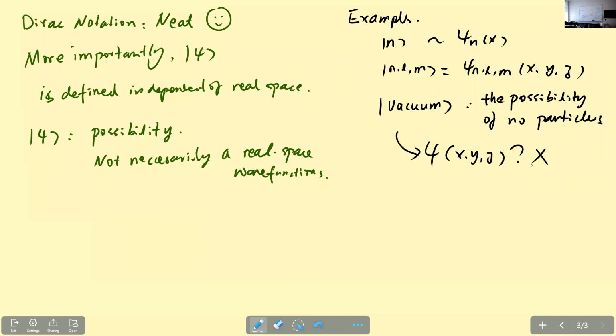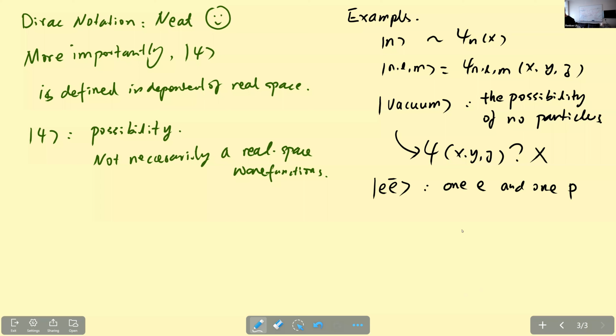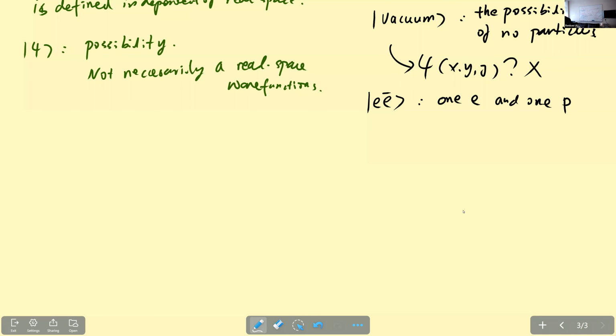And you can also have, say, one electron, one positron. You can have many examples. It's up to you. You can also have a superposition.